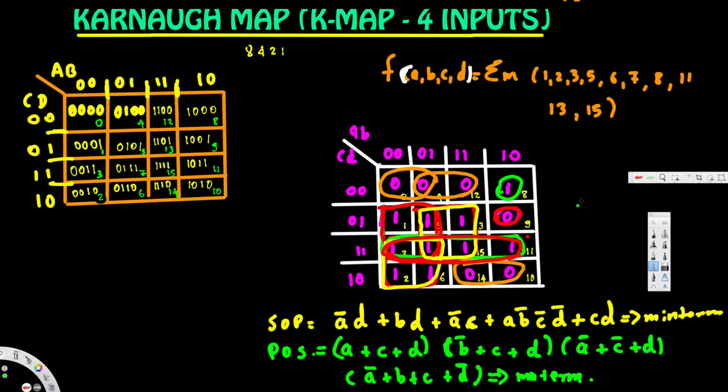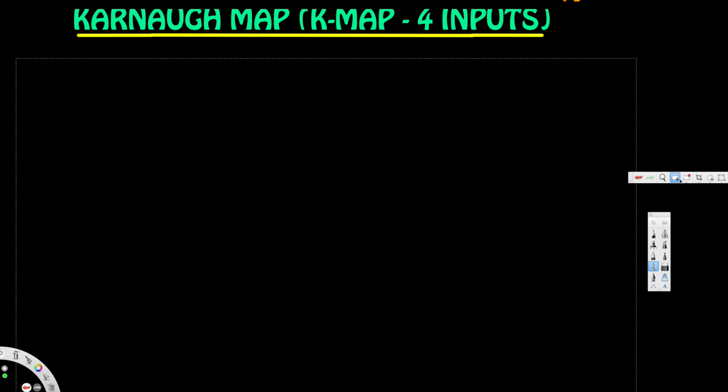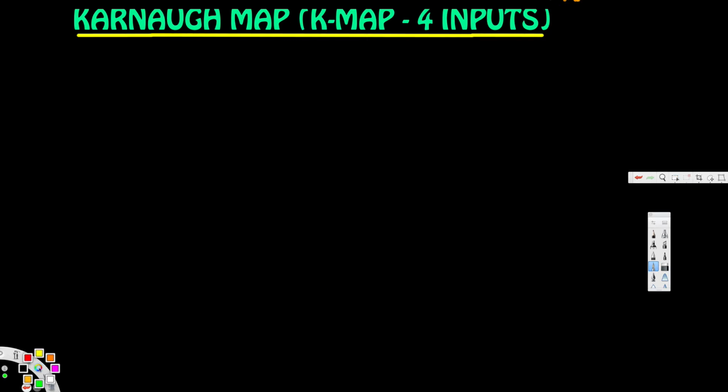Let's say they have given, let's get rid of the whole thing. Let's say we have a function given like this: f is equal to w x bar plus yz bar plus w bar y bar z plus xz plus yxw.